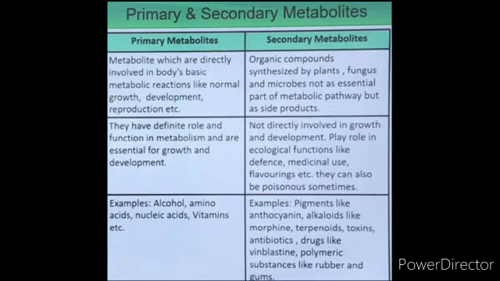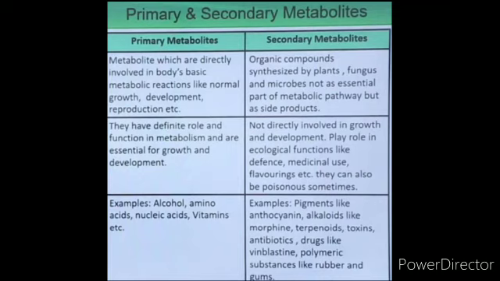Secondary metabolites are organic compounds synthesized by plants, fungi and microbes, not as an essential part of a metabolic pathway but as side products. They are not directly involved in growth and development, but play a role in ecological functions like defense, medicinal use, flavorings. They can also be poisonous sometimes.